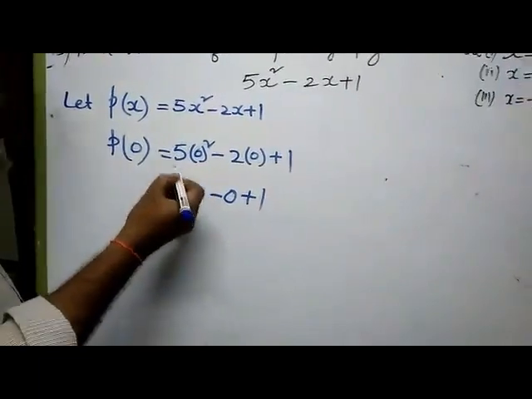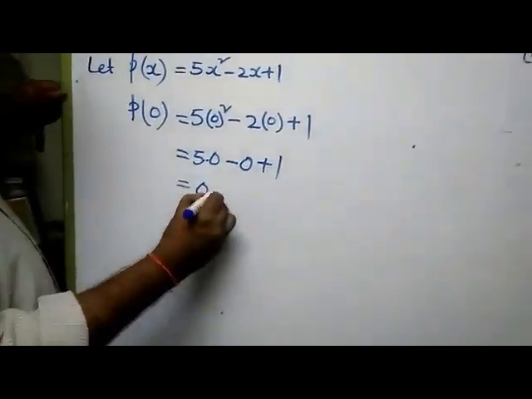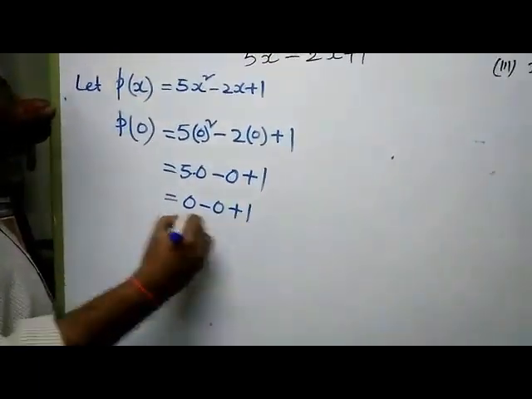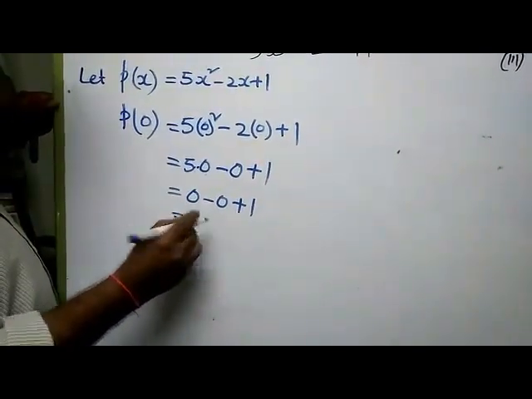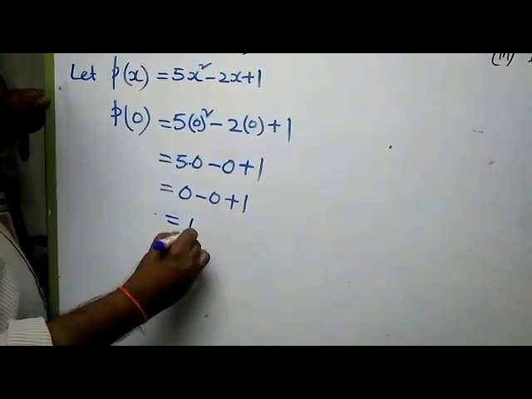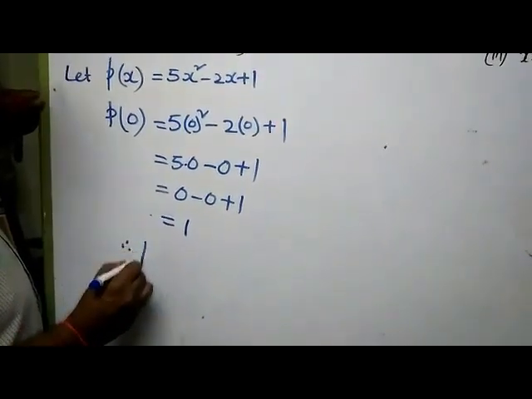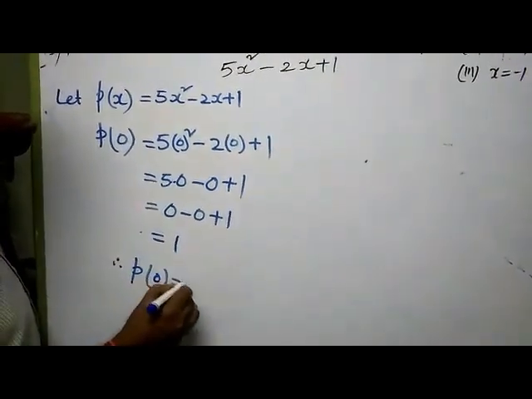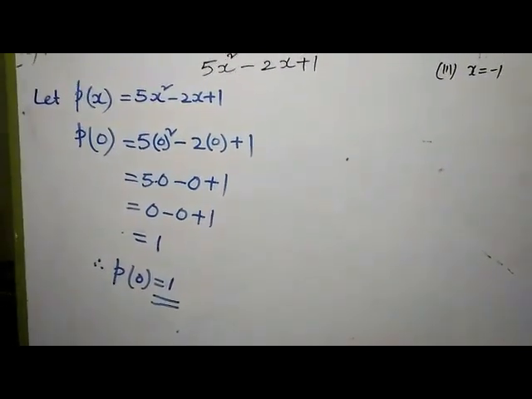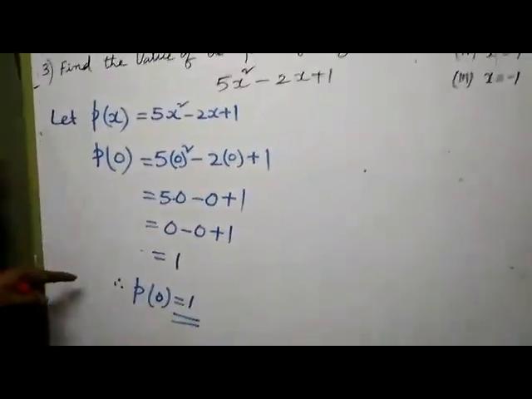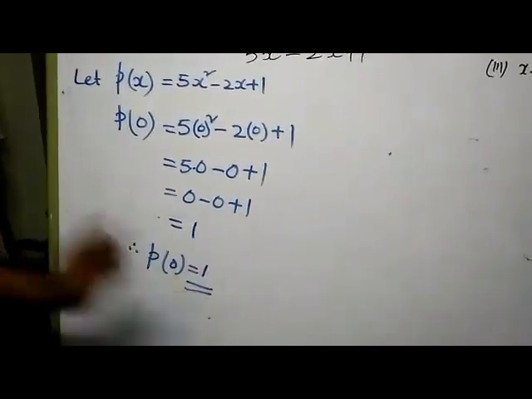Finally here you can write directly 5 into 0, 0 minus 0 plus 1. So finally the answer is 1. Therefore, P of 0 is equal to 1. The value of the given polynomial at x is equal to 0 is 1.